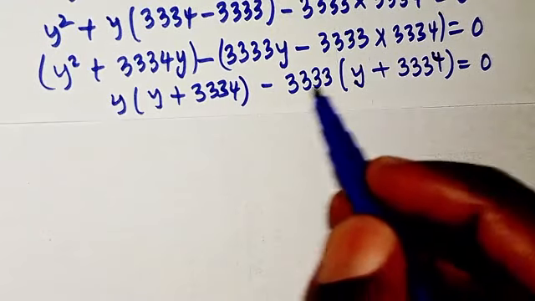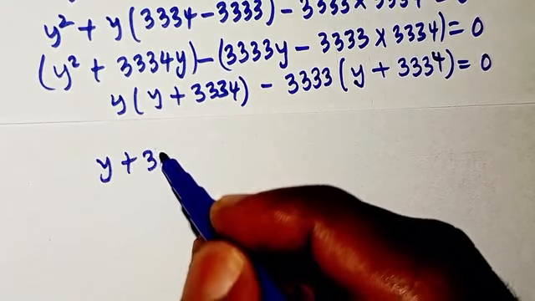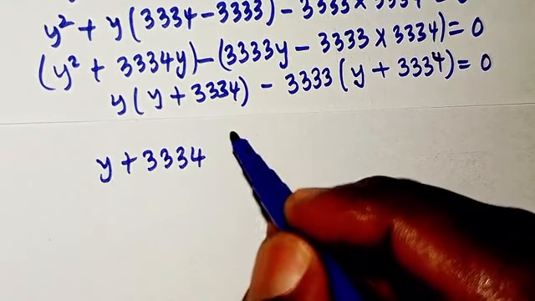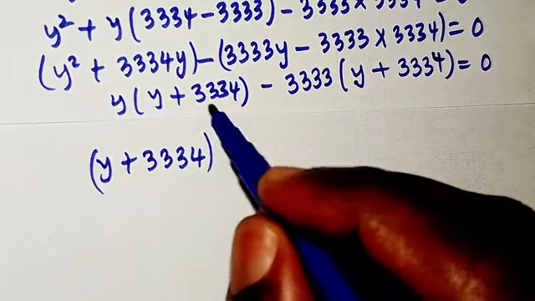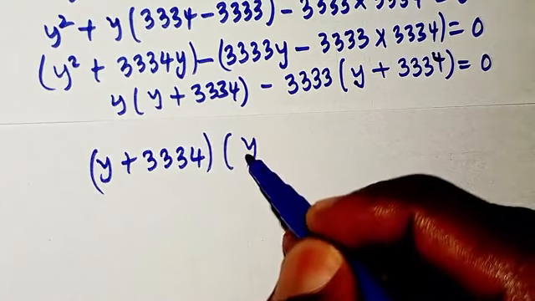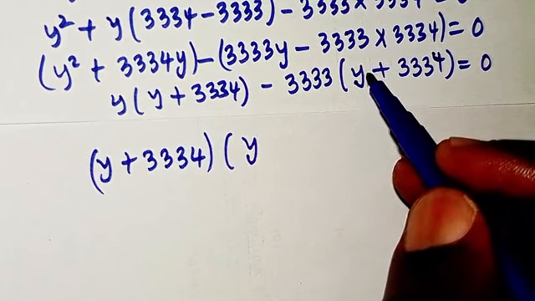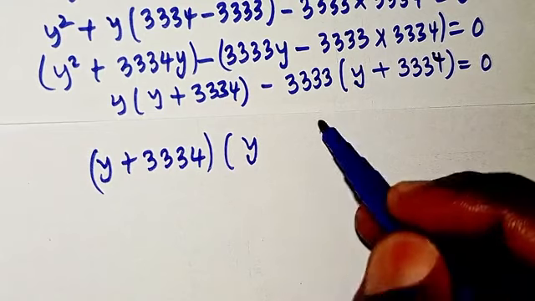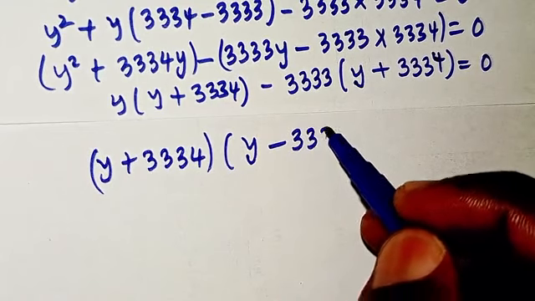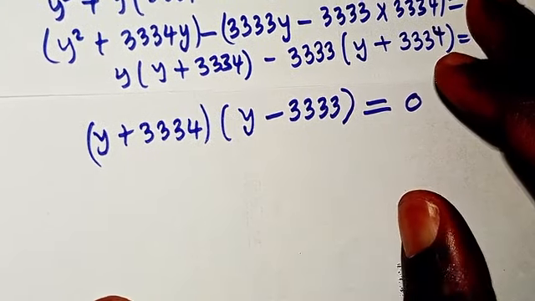Y plus 3, 3, 3, 4 is common, so let's bring it out. Then if we divide this by this, we're going to be left with y. If you divide this by this, we're going to have minus 3, 3, 3, 3, which everything is equal to 0.